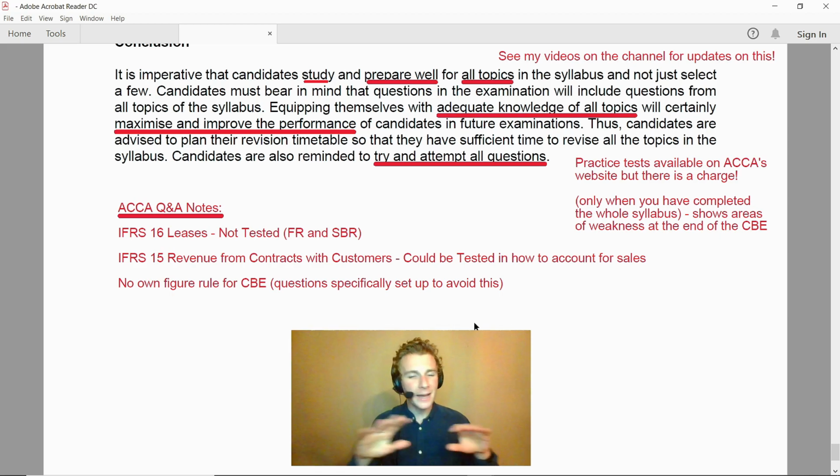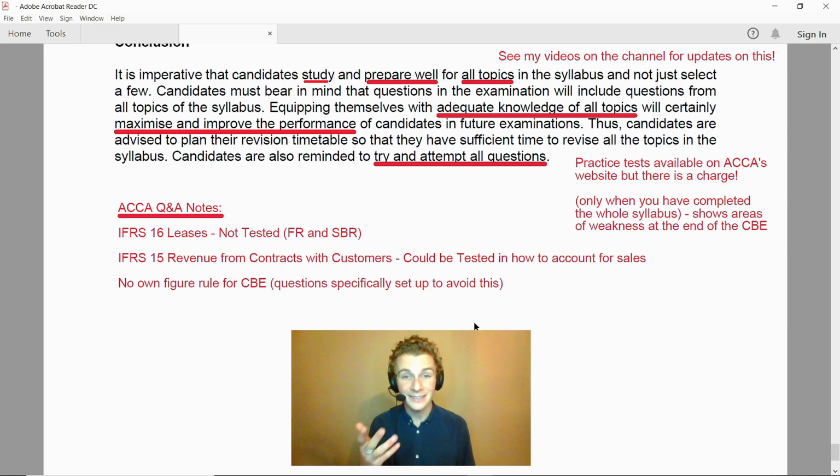Try and attempt as many questions as you can, whether that's in the textbook or the actual practice tests that are available on ACCA's website, but they are at a charge, so whatever works best for you and within your budget. Only when you've completed the whole syllabus, the computer-based examination shows areas of weakness at the end.